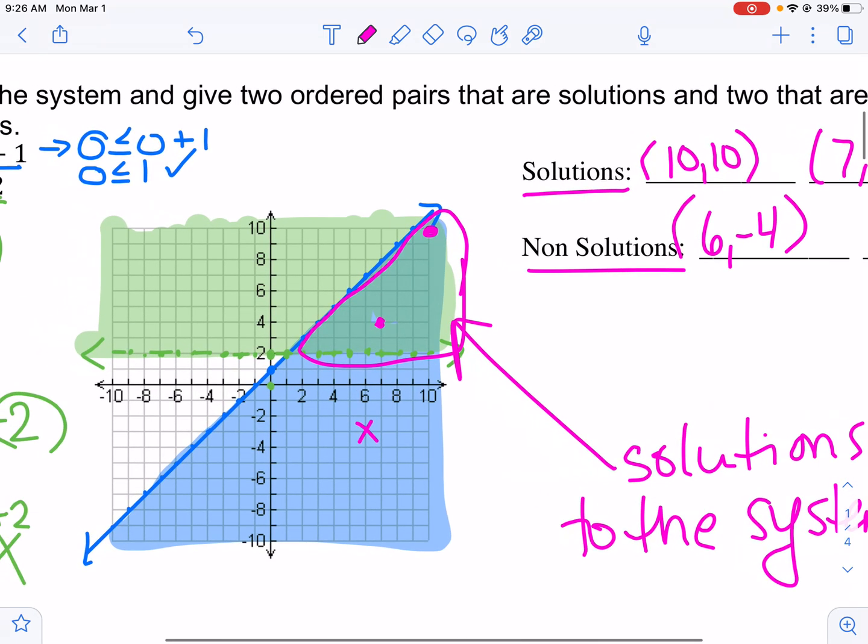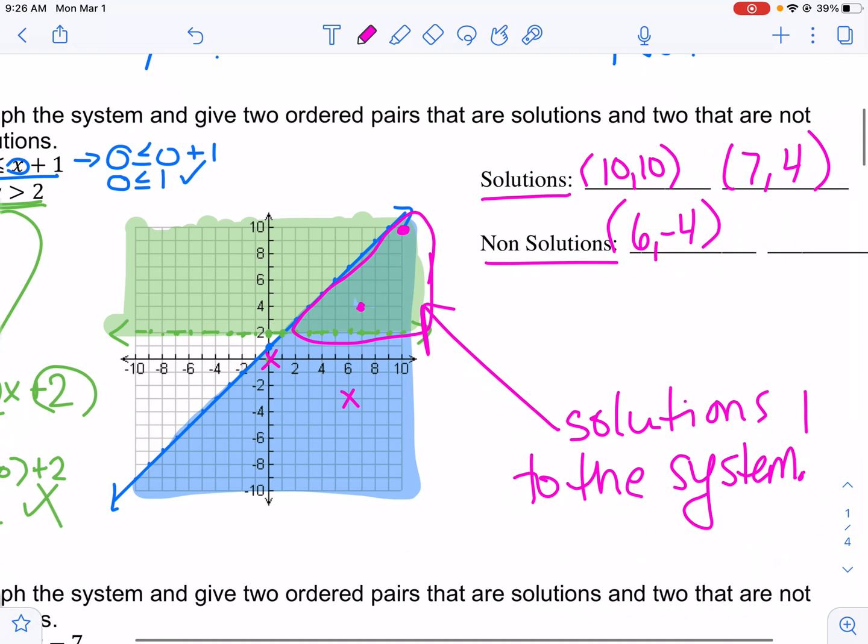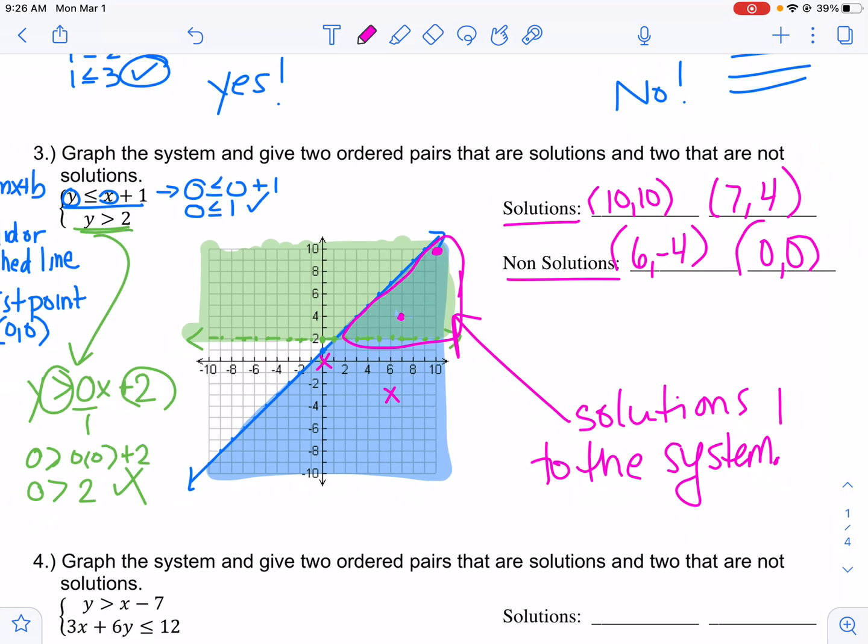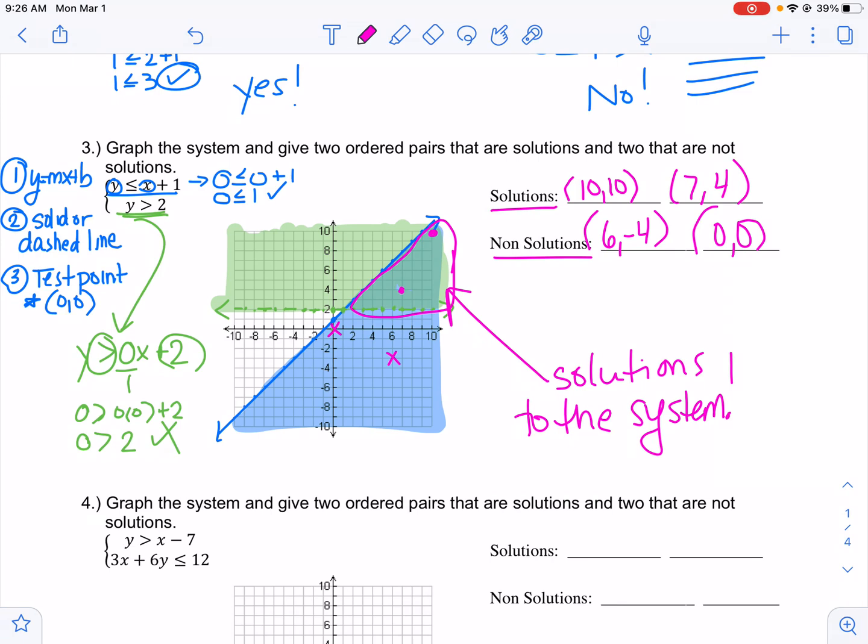And 0, 0, again, was not a solution to the system. It's not in that double shaded region. So there's number 3, graphing and identifying solutions and non-solutions to a system of inequalities.